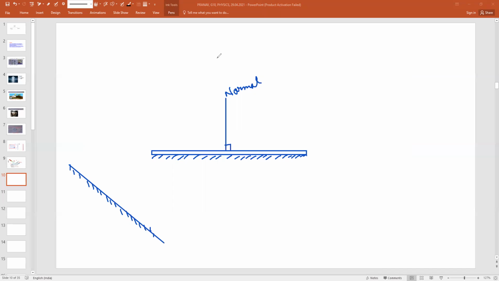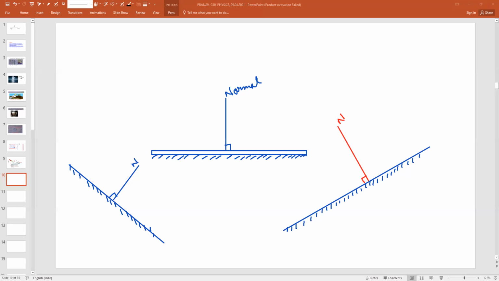So obviously the normal would be 90 degrees to it, like this. This is my base. This is my mirror. So my normal would be 90 degrees like this. This makes 90 degrees. Can you see that?